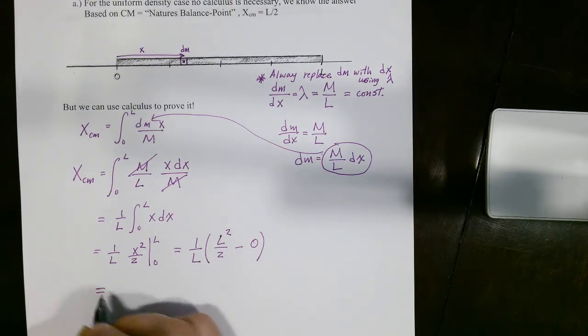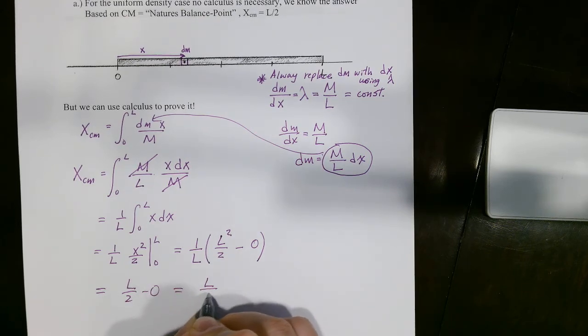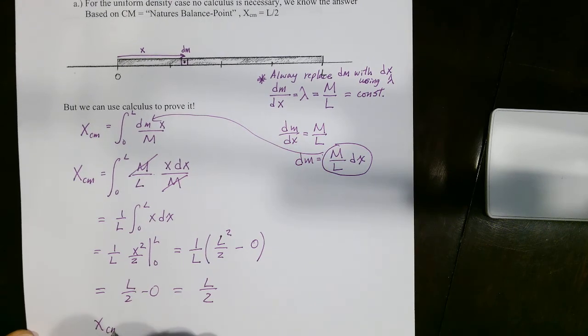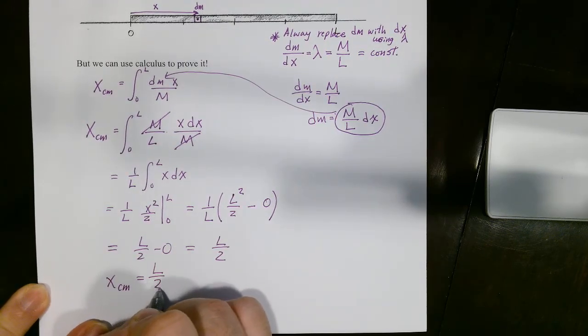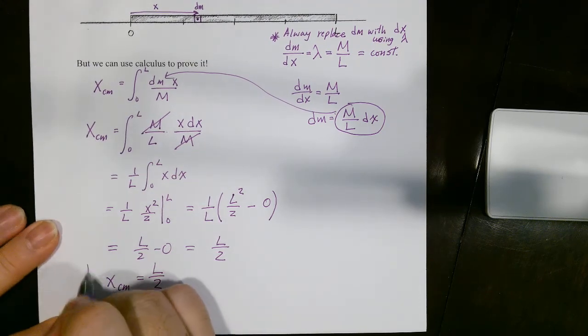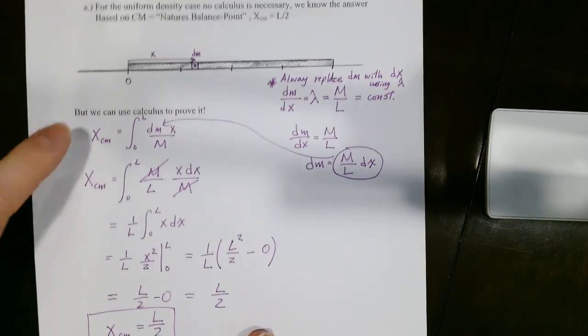So that comes out to L over 2 minus 0, which is L over 2. So my x sub cm, which we already predicted, comes out to L over 2. Well, that was easy. So we know this works.